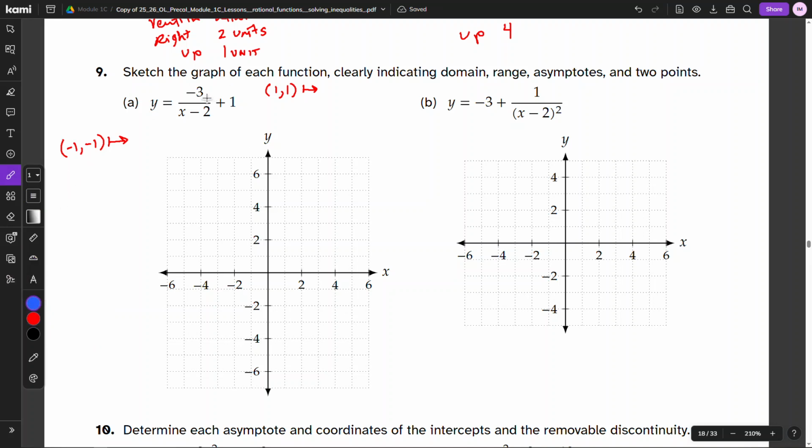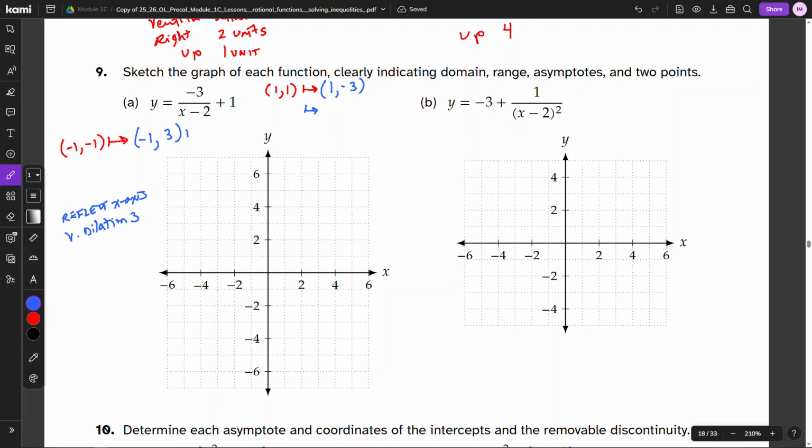And we talked about the transformations on this one, which was going to be reflect the x-axis, right? And we had a vertical dilation, right? So -1, 1, if we reflect the x-axis, and multiply the y value by 3, that's going to give us +3. 1, 1, we multiply by -3, that's going to give us -3.